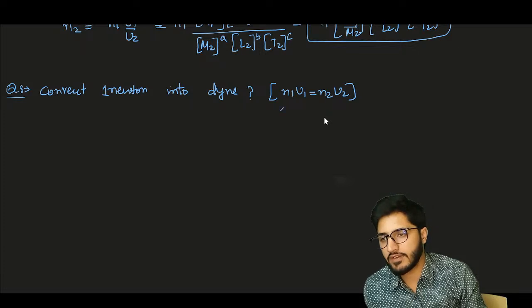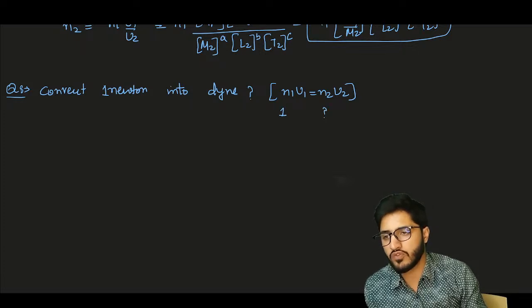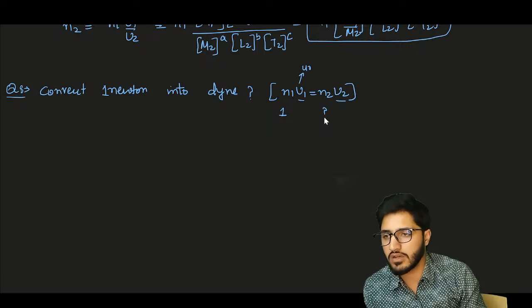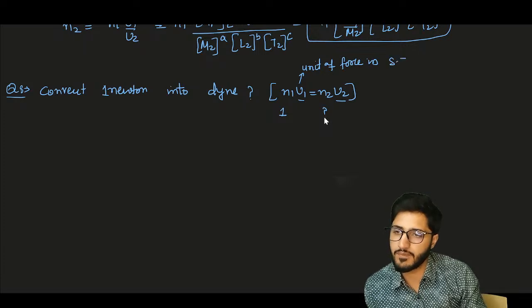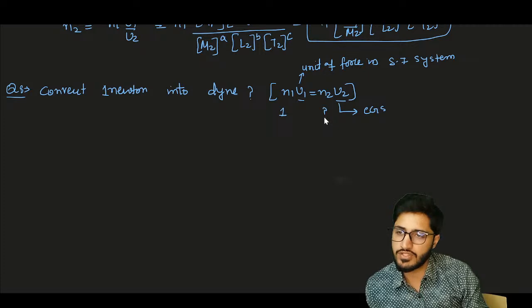What is n1? n1 is 1. n2 we need to find out. u1 and u2 we know. u1 is the unit of force in the SI system, and dyne is the CGS unit of force.